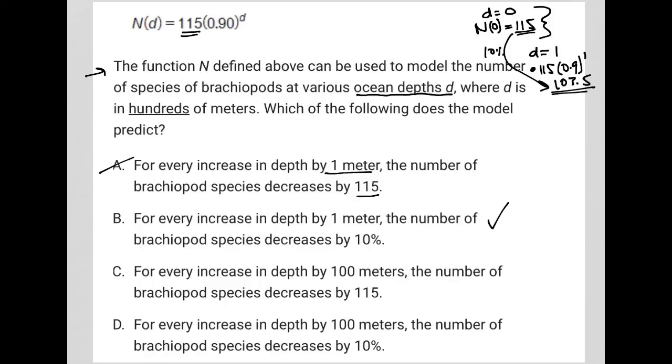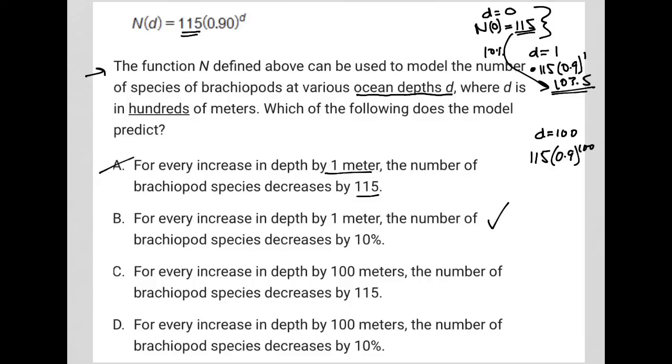How about choice C? For every increase in depth by 100 meters, the number of brachiopod species decreases by 115. So if I went to d equals 100, and I had 115 times 0.9 to the 100 power, again, I can figure out what that math is.